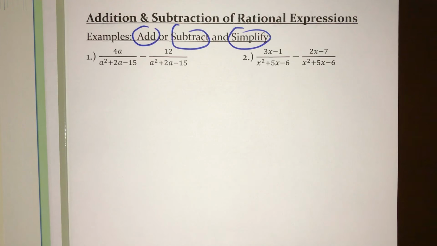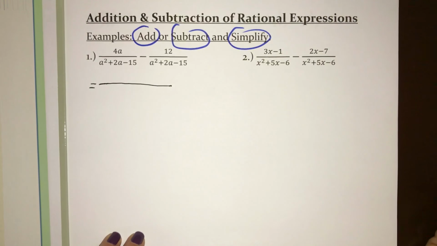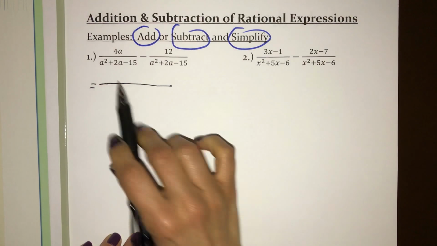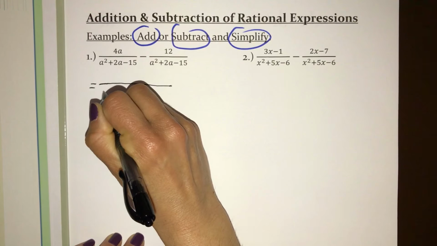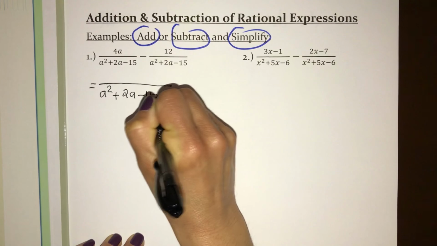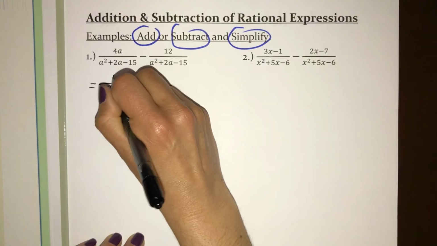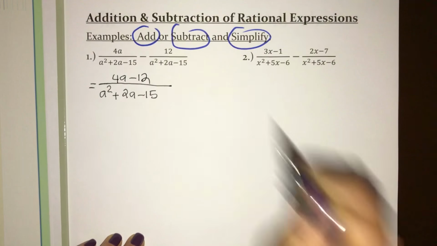And so what we want to do is write our problem as one fraction. So I can just write one fraction with the common denominator. And then for the numerator, I can just subtract, and I just write 4a minus 12.